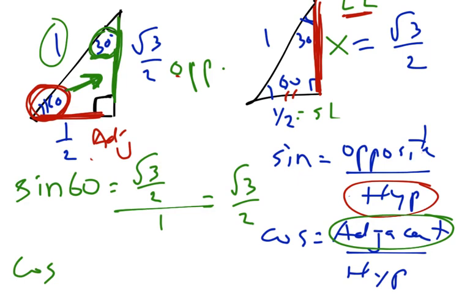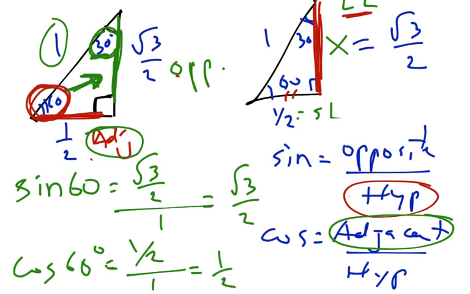The cosine of 60 is equal to the adjacent, 1/2, over hypotenuse, which is 1. Therefore, your cosine of 60 is equal to 1/2. Later on, we're going to talk about cofunctions.